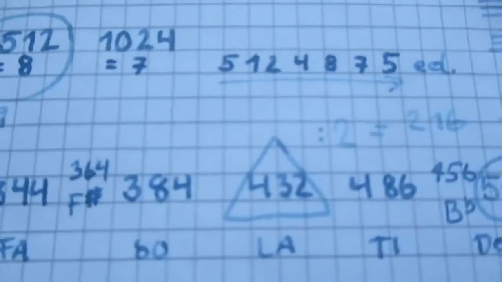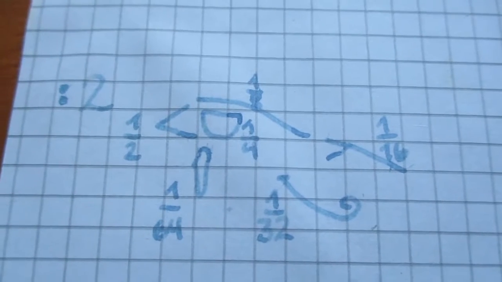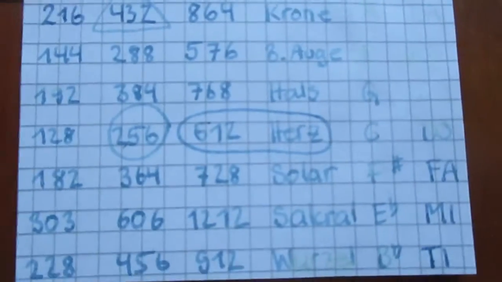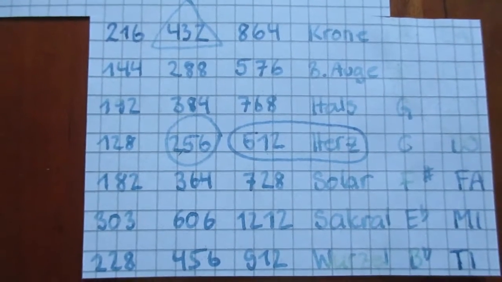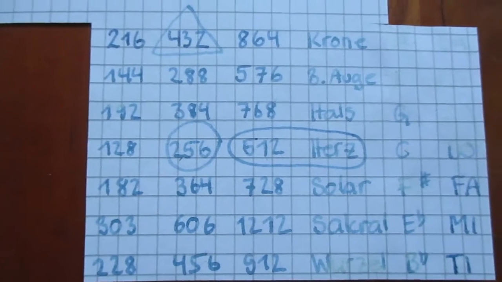So that's where this number 432 comes from. That's the Horus eye. Funny. So you see, I went into here the chakras. And the corresponding frequencies.